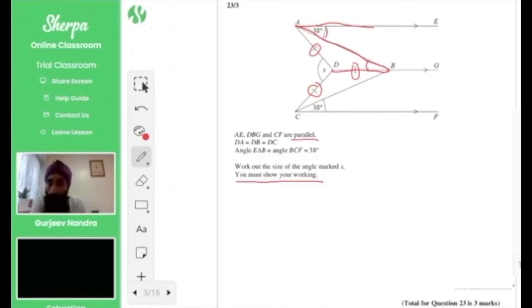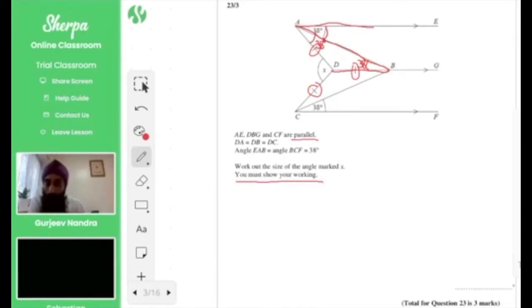So if this angle here is 38, then the one I've marked at the bottom must also be 38 degrees. Since this triangle, as we mentioned earlier, is an isosceles triangle, the base angles of an isosceles triangle are also the same. So we can write that as 38 degrees as well.